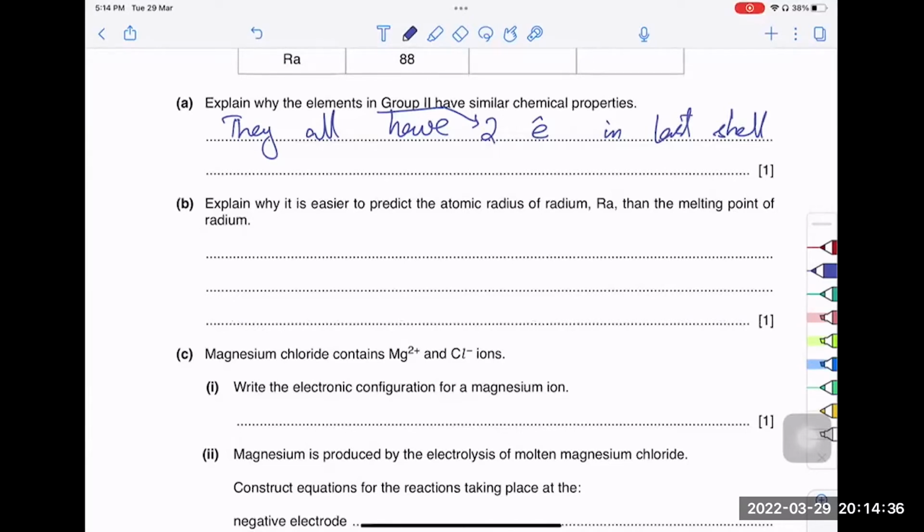It's a one-mark question, so one of these things will be right. या आप लिख दो atomic radius is increasing, it has a fixed trend of increasing. You have to specify what trend. Don't just say it has a fixed trend. Tell me what trend it has. It's always increasing. Melting point does not have a fixed trend. Not enough. Tell me what trend you're talking about. It goes up and down. It increases then decreases. It has an erratic behavior because of that, but we have to explain it.